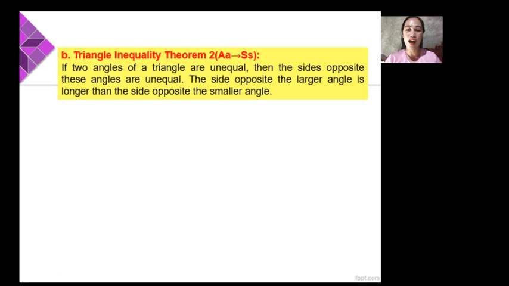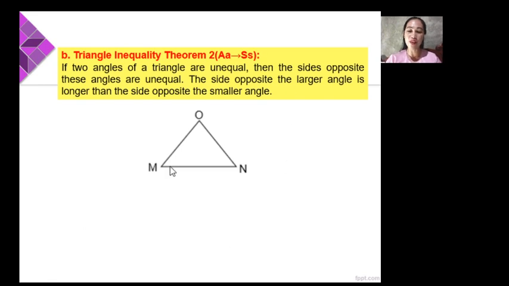Next, we have triangle inequality theorem 2. It says that if two angles of a triangle are unequal, then the sides opposite these angles are unequal. The side opposite the larger angle is longer than the side opposite the smaller angle.